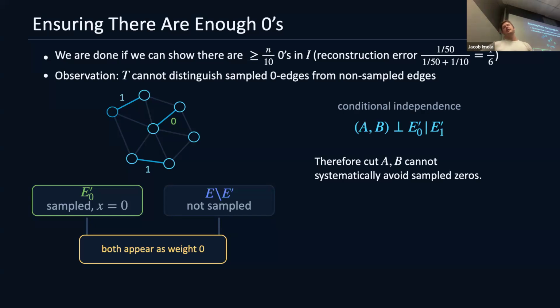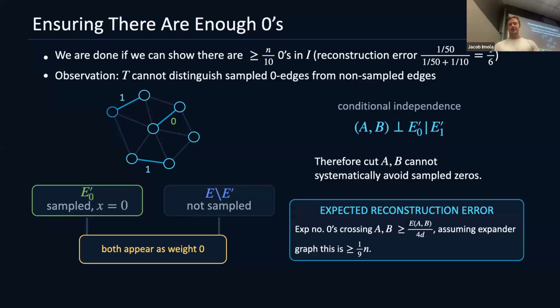So we have a conditional independence. The cut itself is conditionally independent of the sampled edges E prime that have a 0 on them, given the sampled edges E prime that have a 1. In other words, the cuts cannot avoid the zeros. And that's exactly how we show that there are enough zeros in the cut.